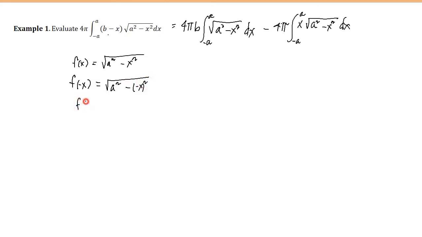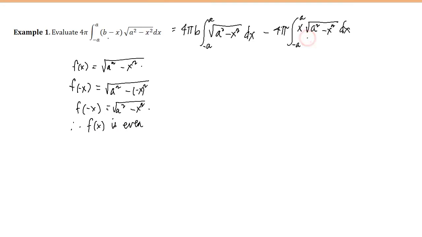So we have here f of negative x is equal to a squared minus x squared. So meaning, since hindi na bago yung function natin and the same lang siya yung f of x sa f of negative x, so therefore f of x is even.